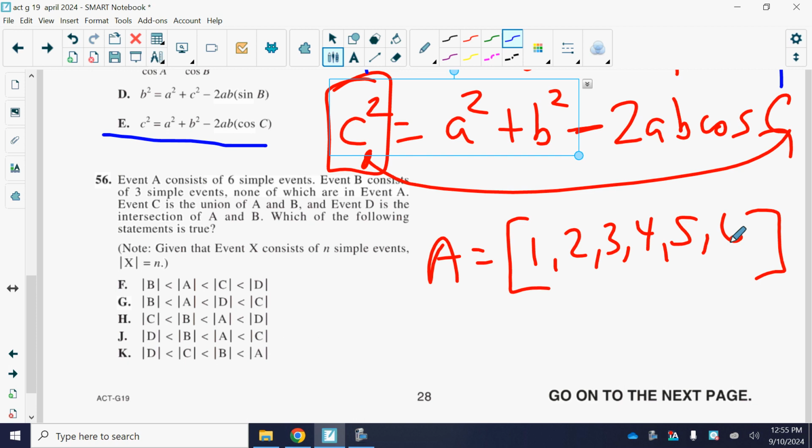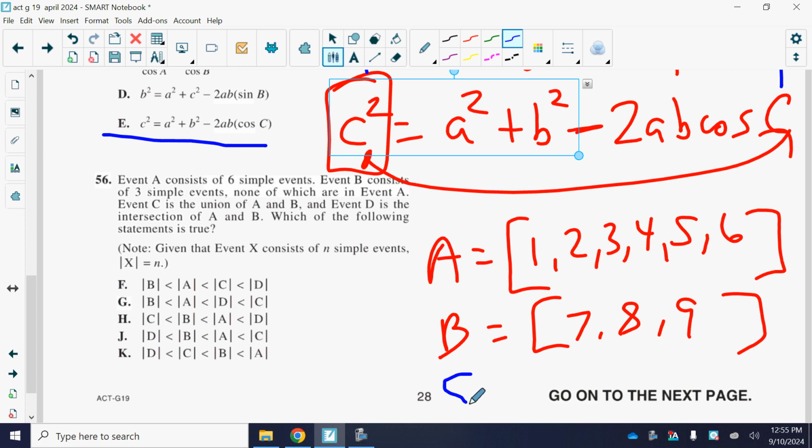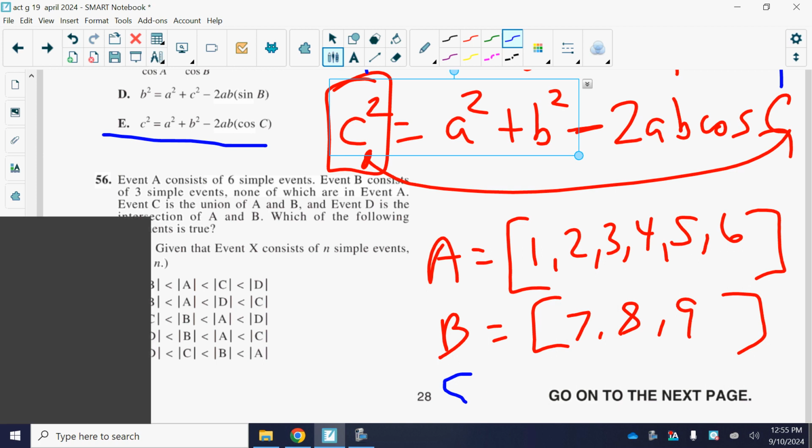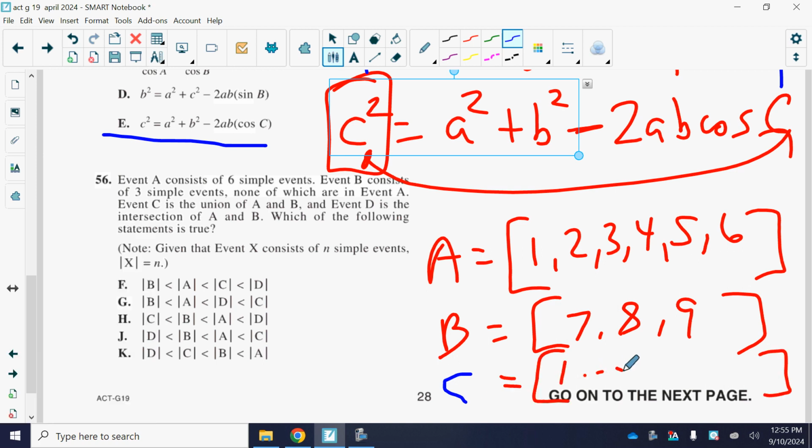And B contains 3 events. None of them are in A. So the B events are unique. Now, C is union. What's union? That's everybody. So it's 1 all the way to 9. And then D is the intersection. Well, who's in both A and B? Nobody. So D is empty.